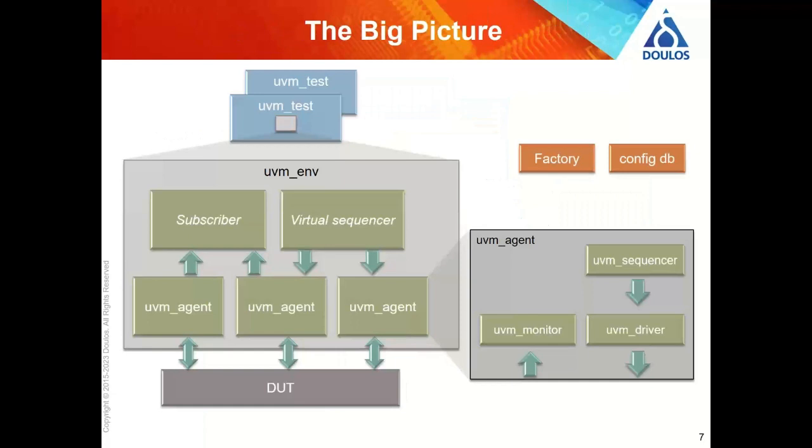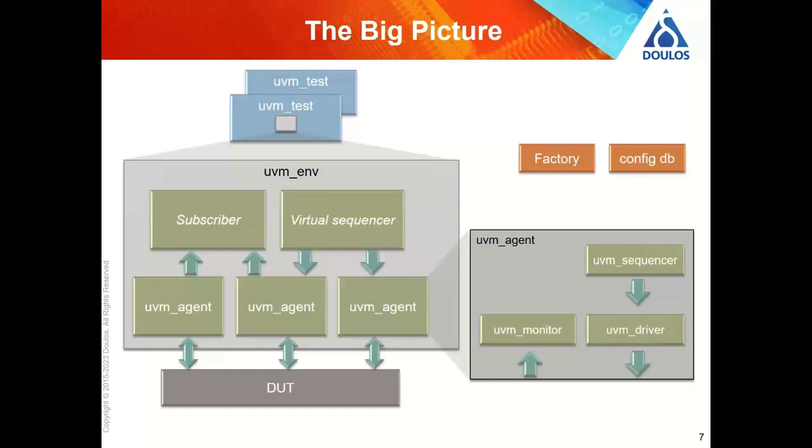Now, in terms of a typical UVM test bench, the architecture will look something like this. What we have is a UVM environment, so everything is sitting inside this environment. That UVM env would be a component derived from a base class in UVM. Inside our environment, we've got different types of component, with names like UVM agent, subscribers, virtual sequencers.